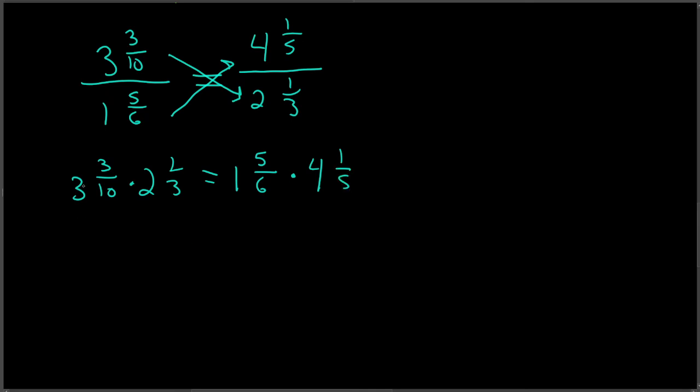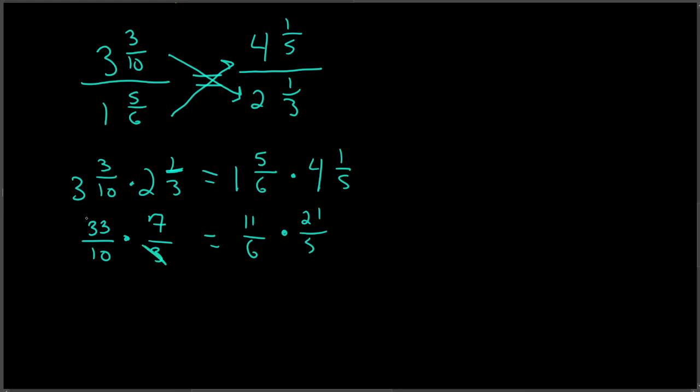What I'm going to do is convert these to improper fractions. So 10 times 3 is 30, plus 3 is 33 over the original denominator, times 3 times 2 is 6, plus 1 is 7 over the original denominator. I'll do this side also. 6 times 1 is 6, plus 5 is 11 over the original denominator. And 5 times 4 is 20, plus 1, 21 over the original denominator.